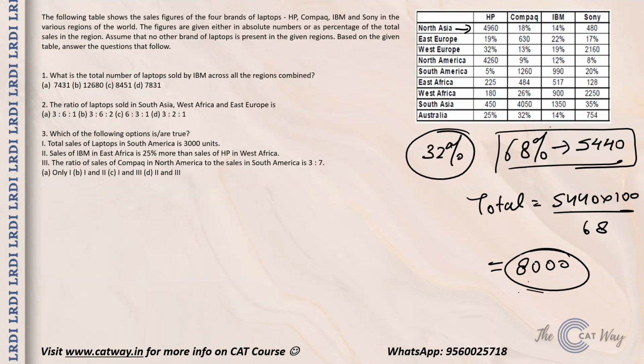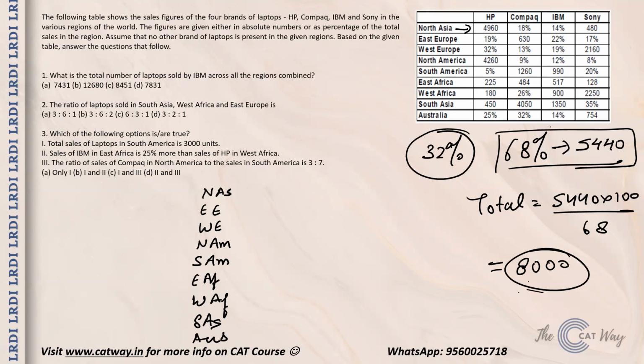So what we will do, the first thing is let's make our table. So first we have North Asia, then we have East Europe, West Europe, North America, then we have South America, we have East Africa, we have West Africa, South Asia, and then we have Australia.